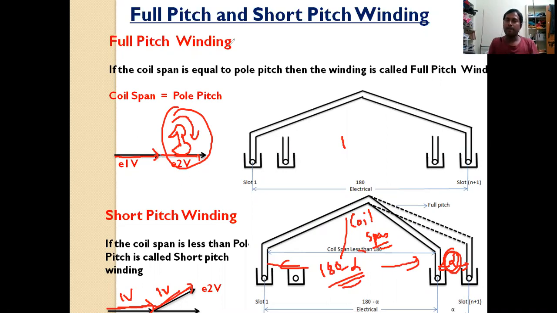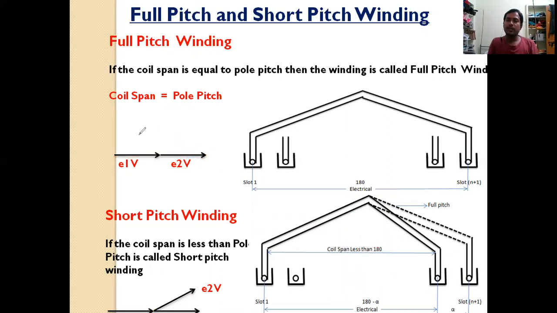But in the short pitch winding, the EMF production will be 1 volt, and exactly 180 degrees is not possible for the EMF production in another coil. That will be with some angle. That is nothing but alpha, the short pitch angle. The production of EMF will be at a certain short angle, alpha.